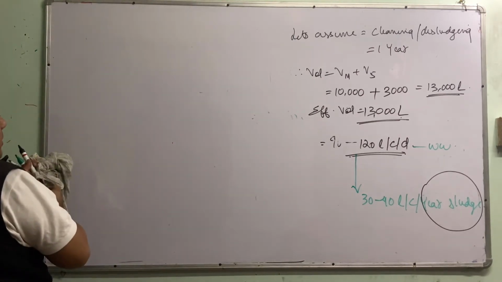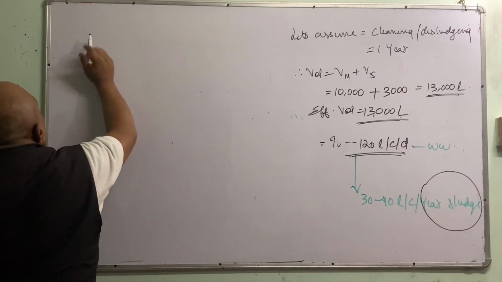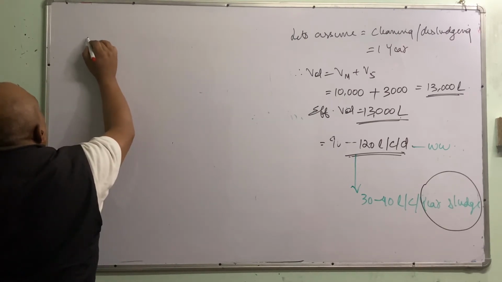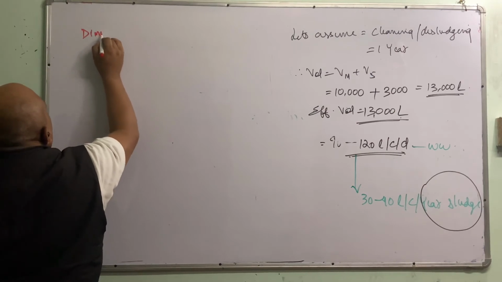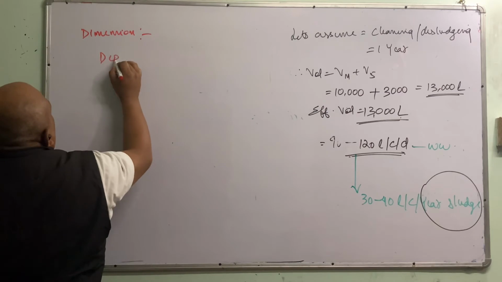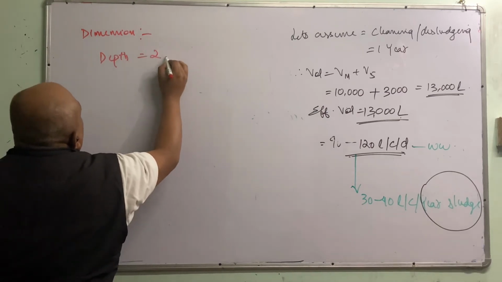Now you see over here. Now we are coming to dimension. For the dimension, you make the depth 2 meter.